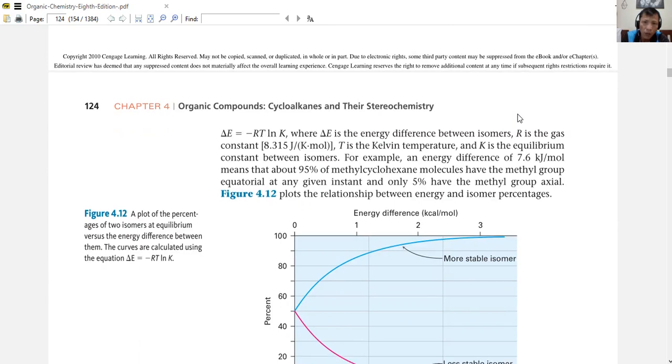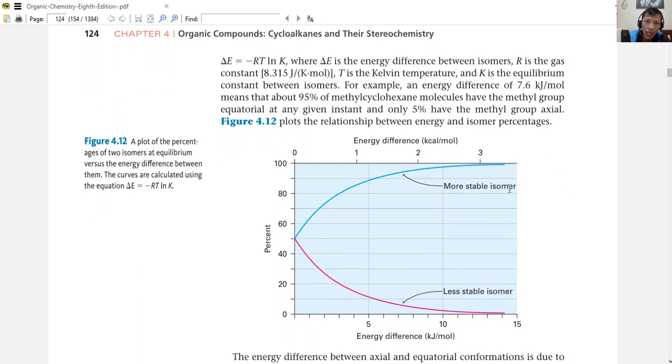Again, this is monosubstituted, and then the energy is being highlighted. I think this one is an energy difference, delta E. That's the energy difference when you try to plot that conformation as they twist.